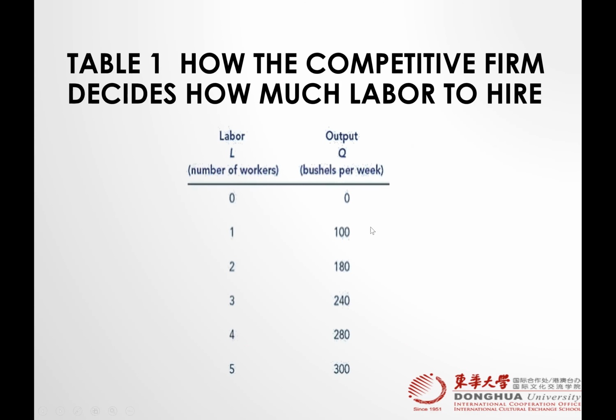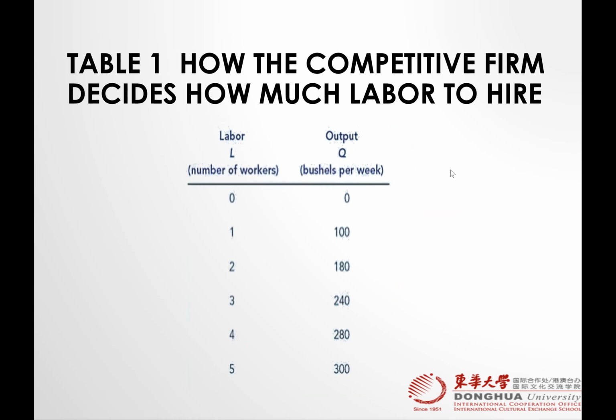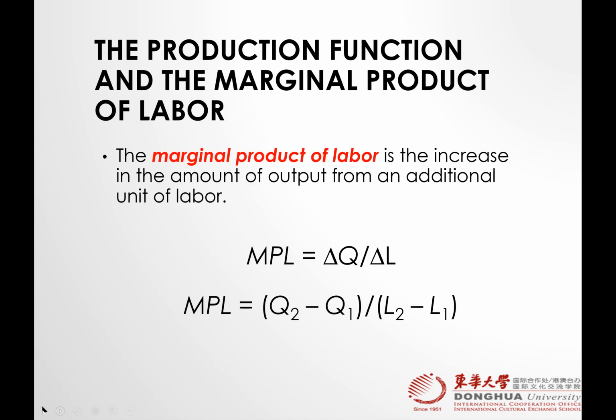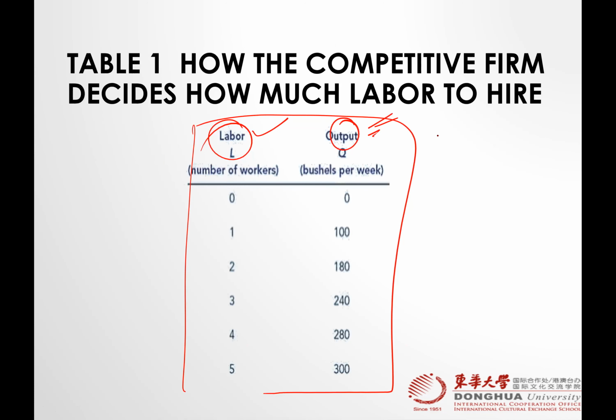This table is called the production function table, which shows the relationship of inputs and outputs. If you draw this, it looks like this.